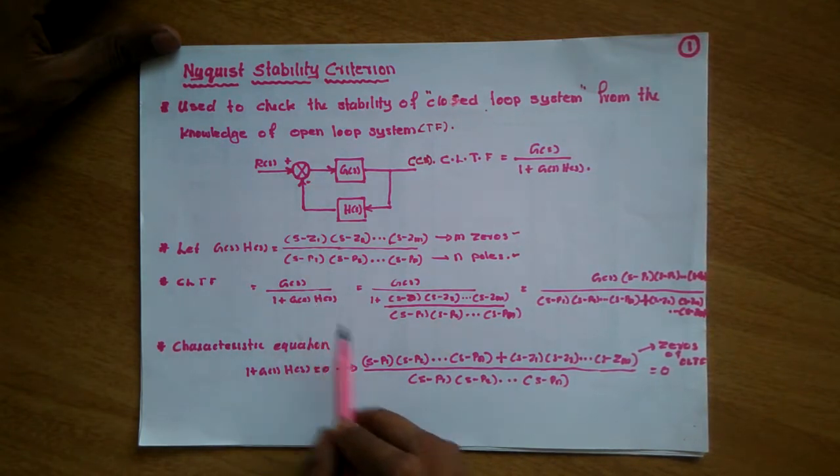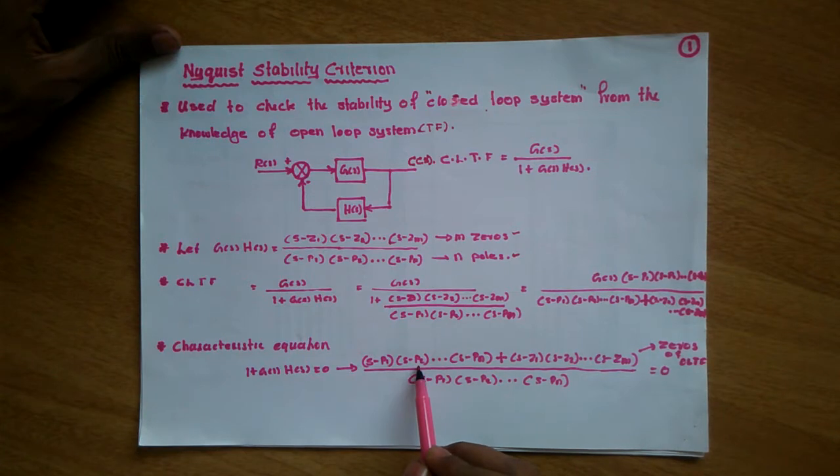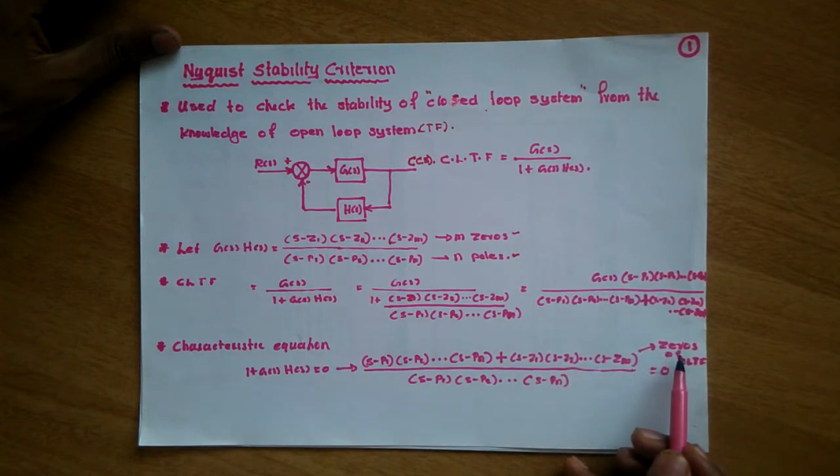And if I take the zeros of the characteristic equation, the zeros are obtained by equating the numerator of the characteristic equation to 0, that is (s minus p1) into (s minus p2) up to (s minus pn) plus (s minus z1) into (s minus z2) up to (s minus zm). This should be equal to 0.